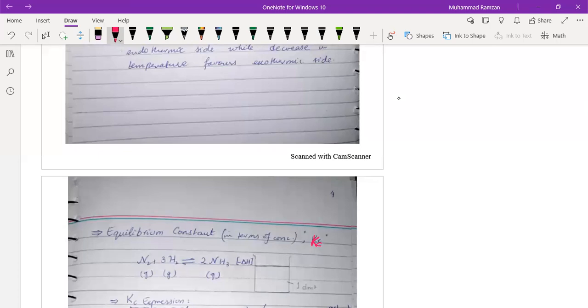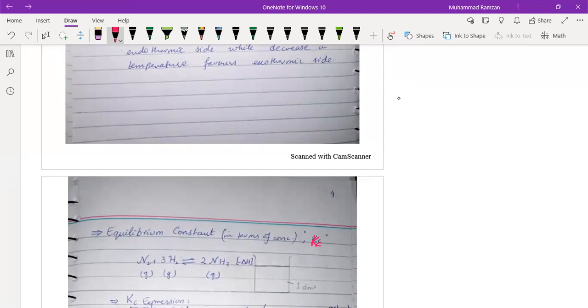Kc is a ratio. It is the ratio of products concentration raised to their respective molar coefficients, and reactants concentration raised to their respective molar coefficients.